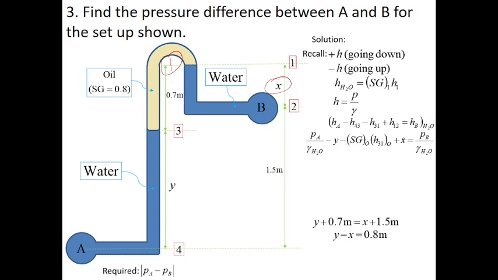This equals the pressure head at B, which is pressure at B over the specific weight of water.